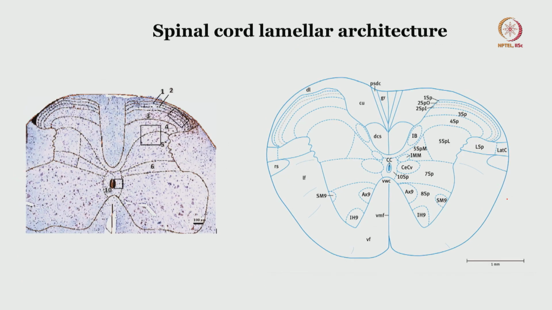Maybe we will have it, yeah. Here you can see this is the actual outline of the grey matter, alright. So, you can see that it is in the form of letter H, and here what you have is what is known as dorsal horn and ventral horn, and that is the central canal, which will have spinal fluid inside it.